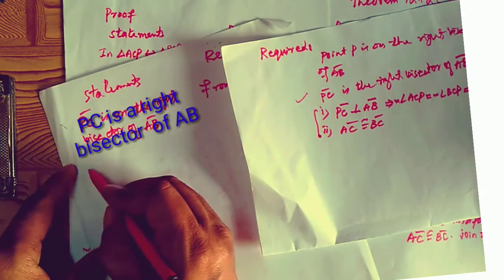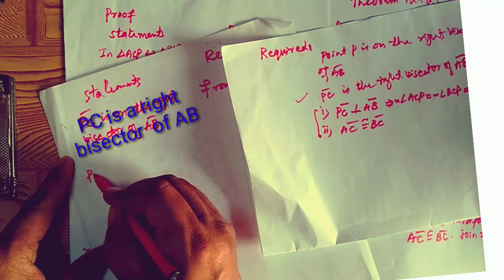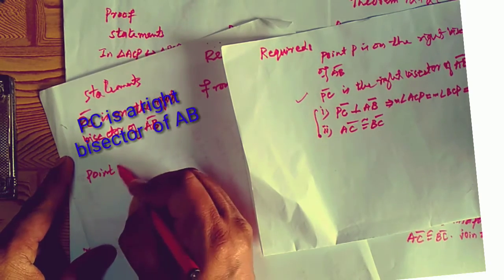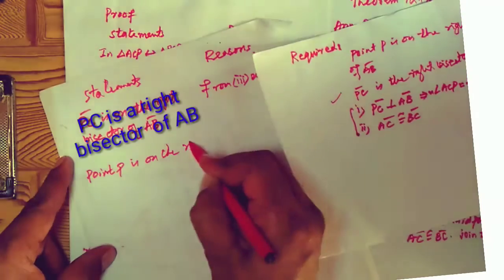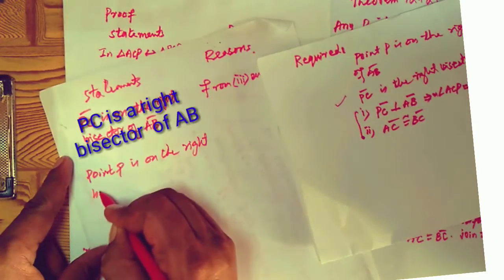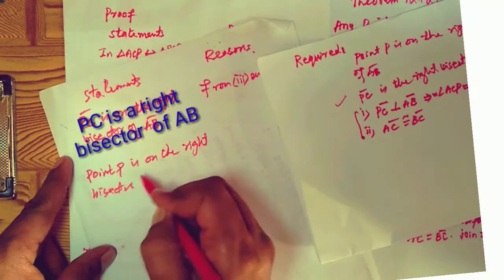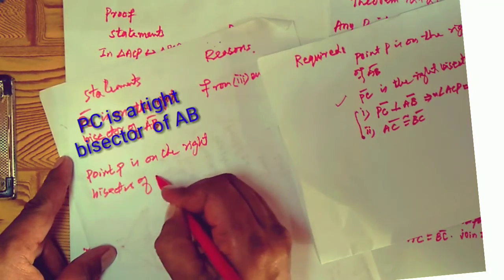It can also be written as point P is on the right bisector of AB. Which is our proof.